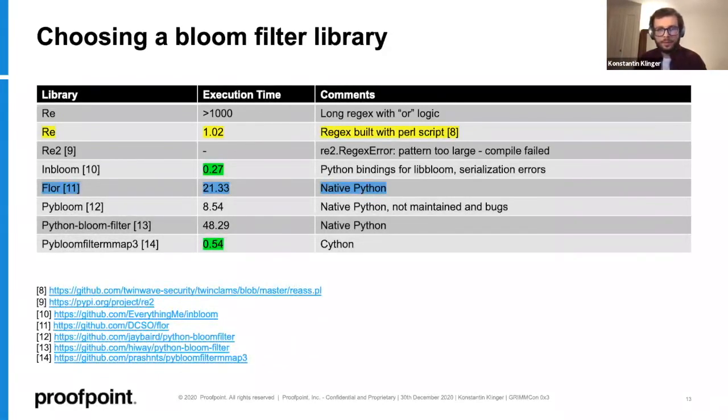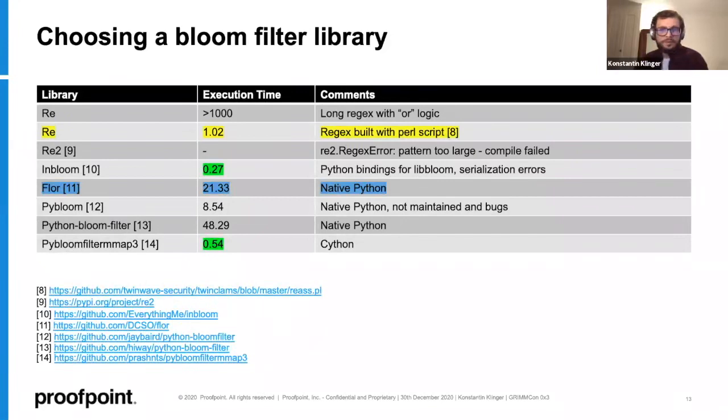The regex2 library, I could not load it because I got a strange compile error because the import of my regex was too big, so it's simply not possible to create a regex with this engine. But I had not the time to look into that error in more detail, so maybe I can find a way around it. But I think we have a good benchmark with the normal regex, which is marked in yellow.